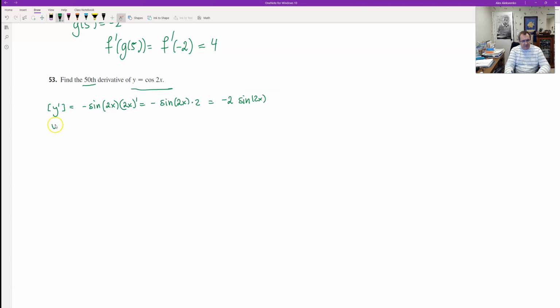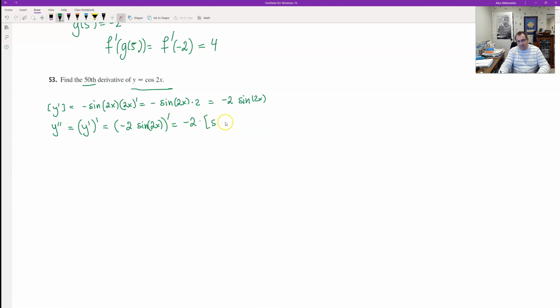All right, very good. So let's take a look at the second derivative of y. The second derivative of y is the derivative of the first derivative. So that would be the derivative of negative 2 sine of 2x. Well, negative 2 is just a constant multiple, so we can bring it out.